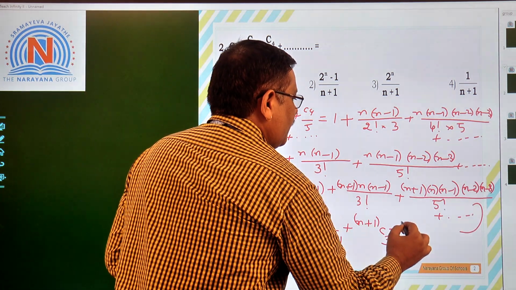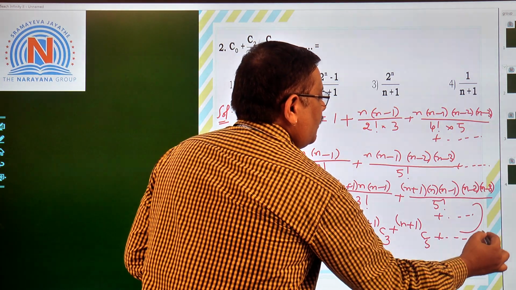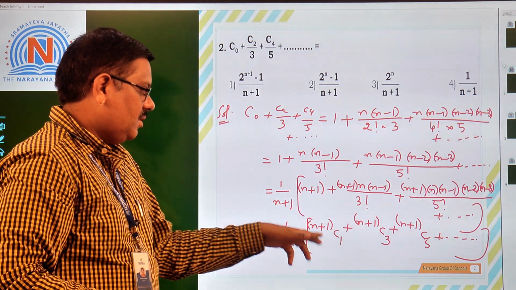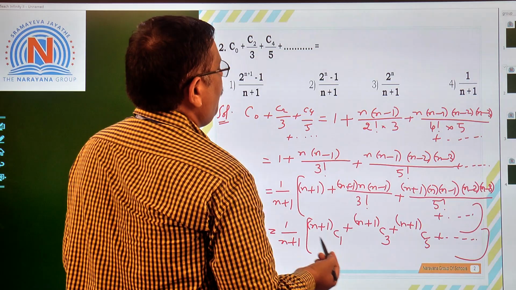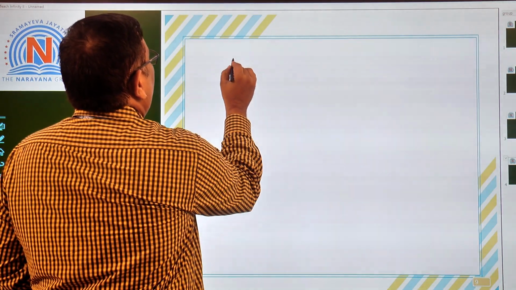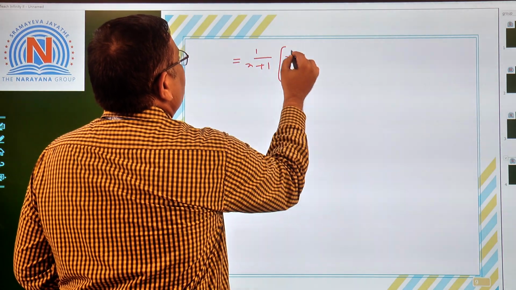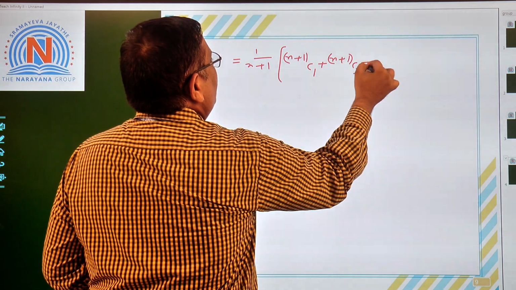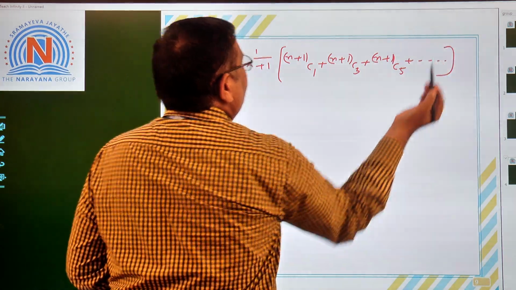Plus the next term will be n plus 1 C5 plus so on. So we have converted this into this particular form. What is the value of it? Let us understand. We have 1 by n plus 1 times of n plus 1 C1 plus n plus 1 C3 plus n plus 1 C5 plus so on.